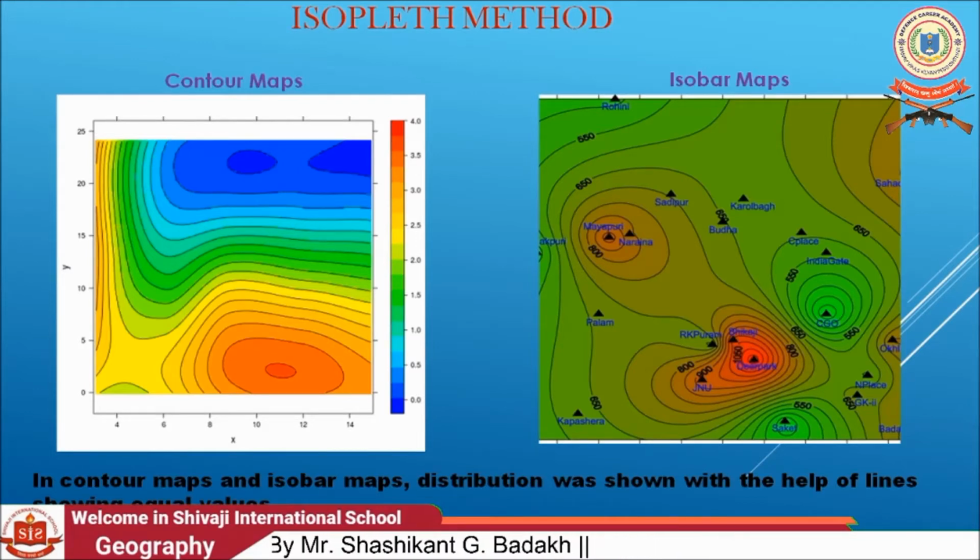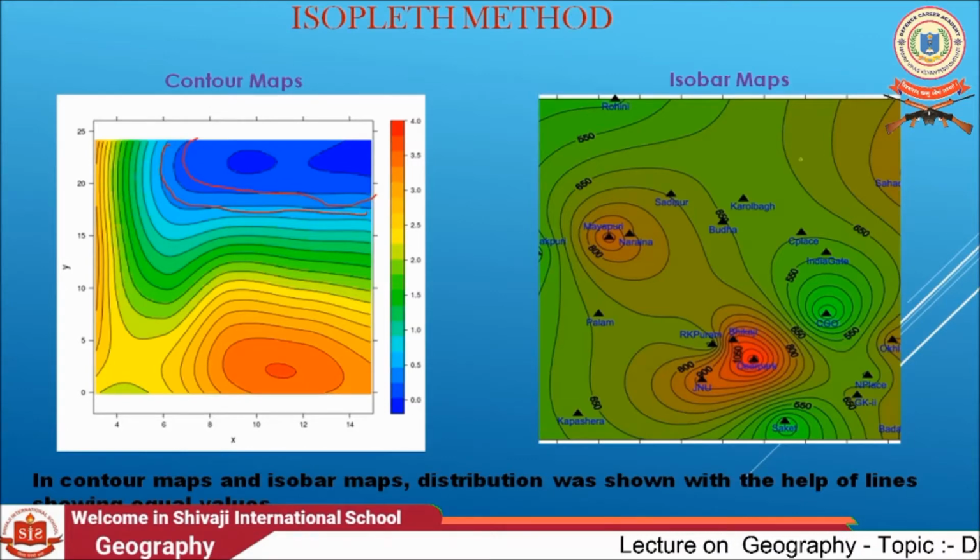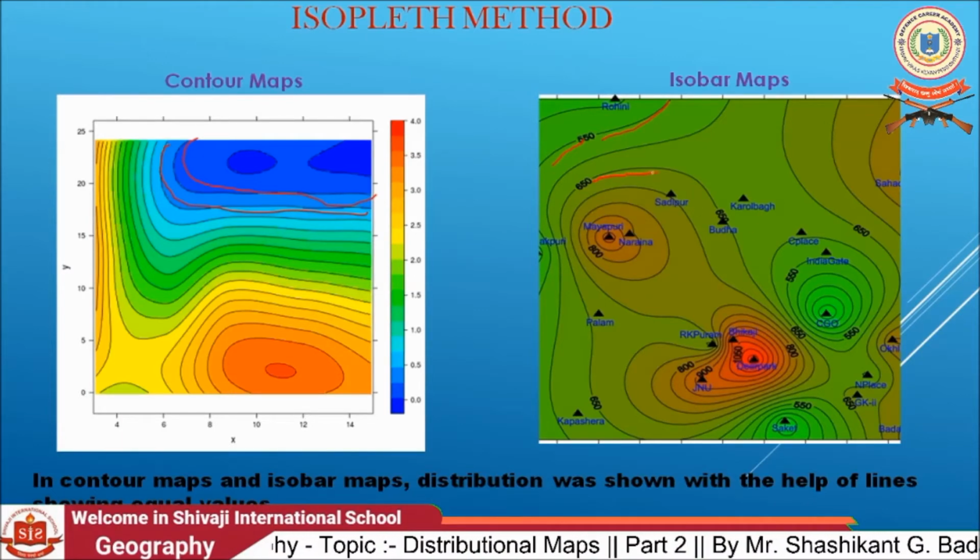You can see these lines in the contour map; these lines have the same value. Also in the isobar map, suppose this line shows 550 and here it shows 650, the equal value.